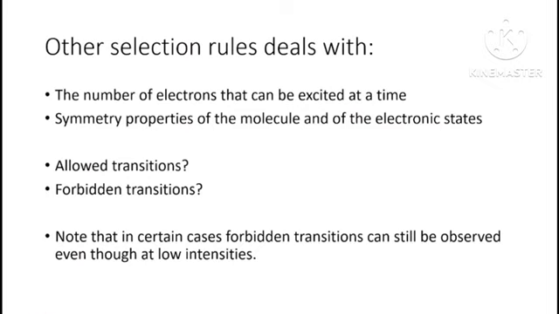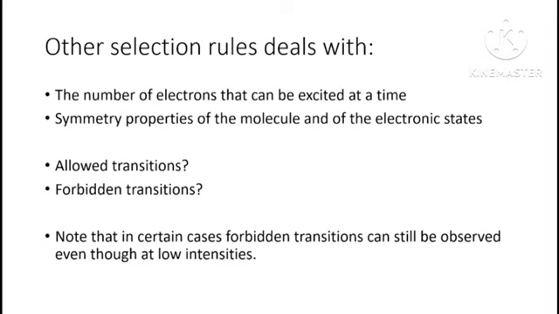What do we have here? Note that in certain cases, forbidden transitions can still be observed, even though at low intensity. As I said earlier, forbidden transitions can occur sometimes, just that the intensity might be low. You wouldn't be able to observe it as clearly as you observe the allowed ones.